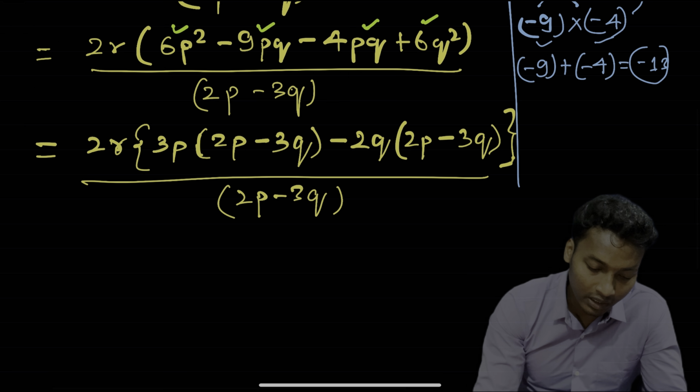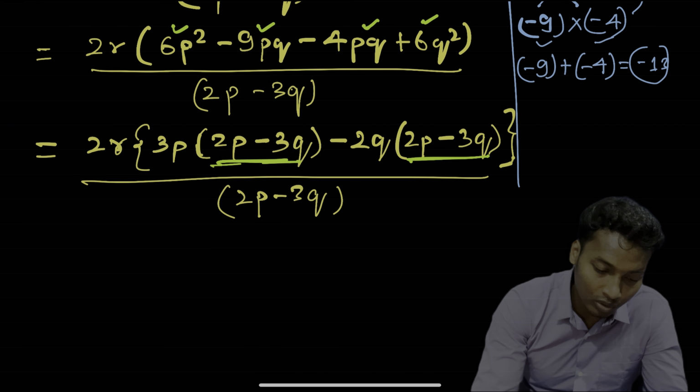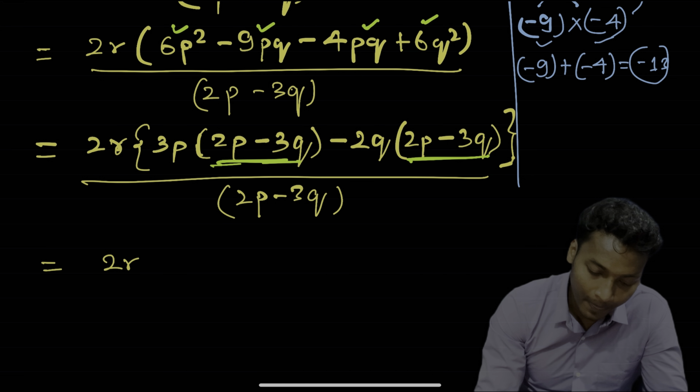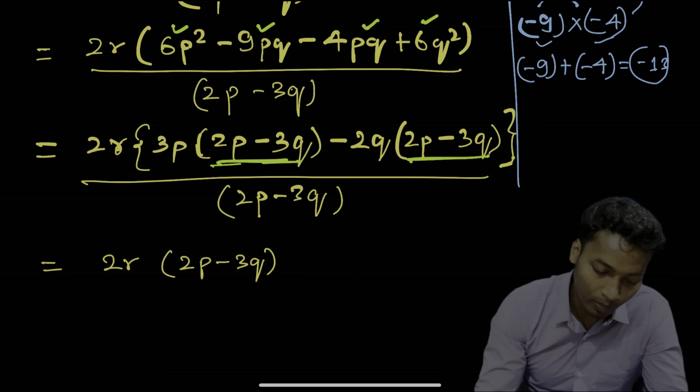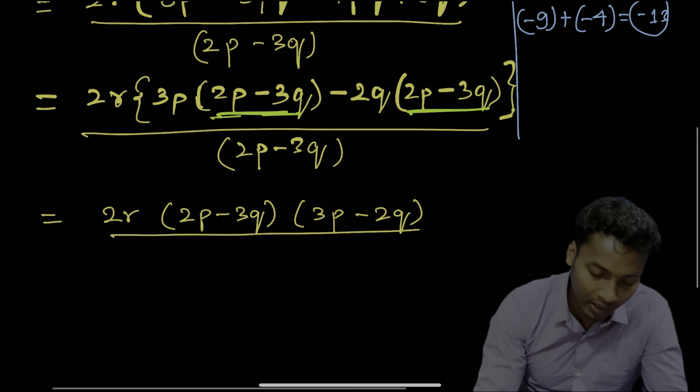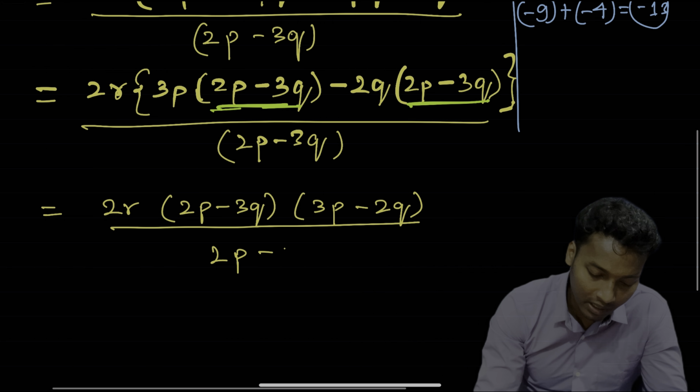Now we can take this expression and this expression in the two terms as common. So let's write it down as 2r common to all, and inside (2p - 3q), and what we are left with after taking this common, (3p - 2q), and in the denominator we have (2p - 3q).